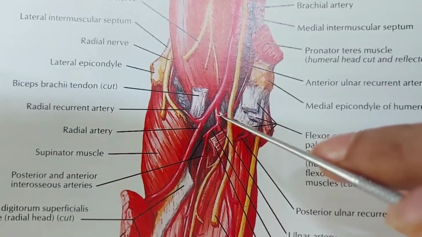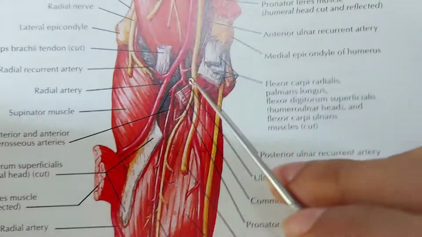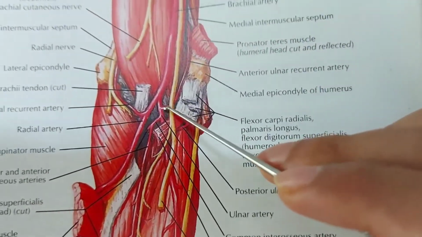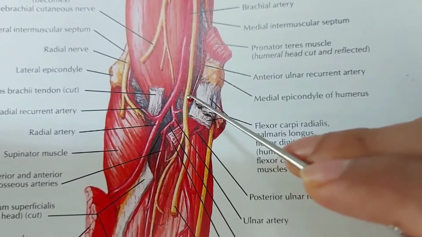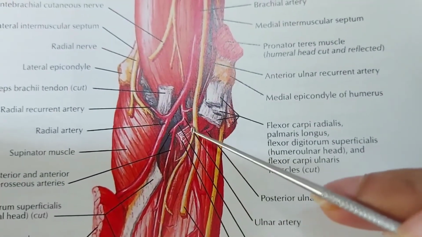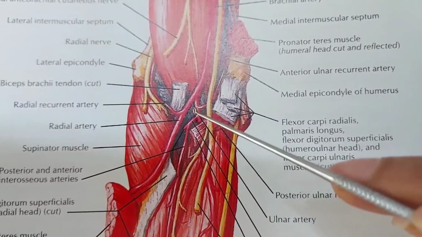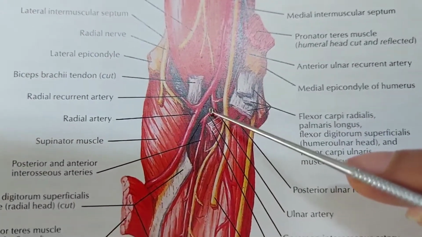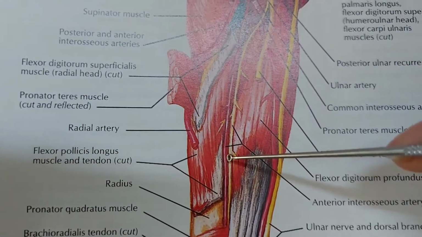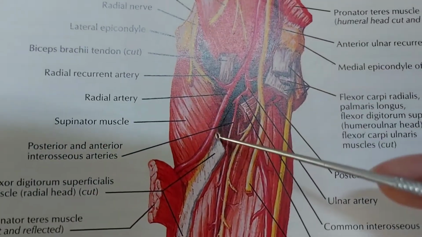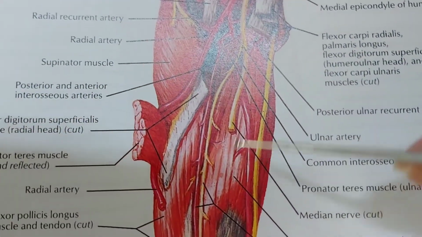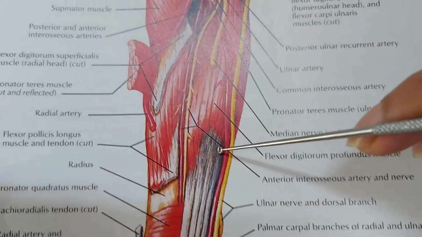There is the anterior ulnar recurrent, another branch is the posterior ulnar recurrent, and there is the common interosseous, which divides into the anterior interosseous and the posterior interosseous, and some muscular branches in this part of the forearm.